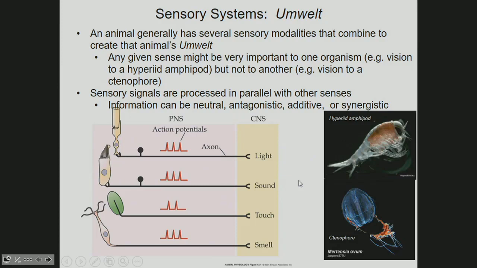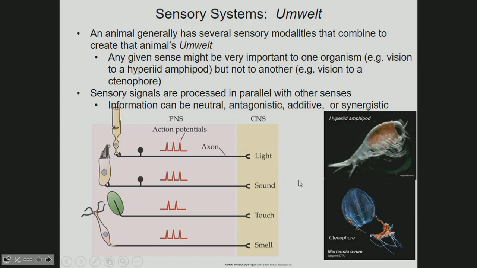It's got mechanisms and pathways whereby it detects the environment around it and has some response to it. If you take all those sensory modalities, that sensory information input, and think about what it is to the organism, that is its Umwelt. So it's the sensory perception of its world.